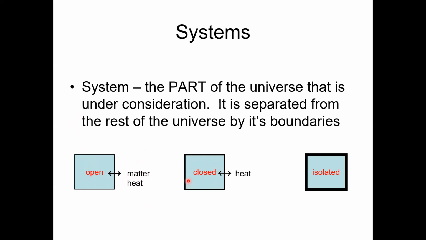The closed system is only allowed to transfer heat in and out of the system, and the isolated system can't exchange or transfer anything from and to the surroundings.